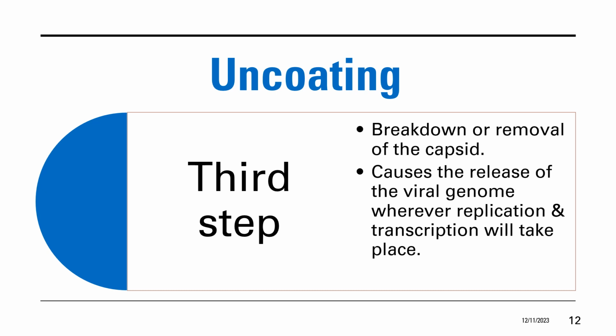Next, we have the third step, uncoating. This is when that capsid is removed or broken down, and because of that, the viral genome is released into the cell, wherever replication and transcription will take place.